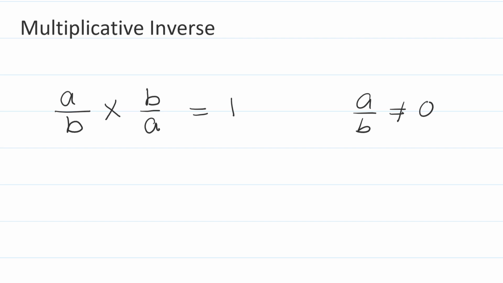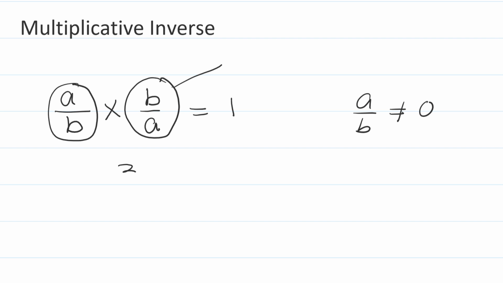So b upon a is the reciprocal of a upon b, and a upon b is the reciprocal of b upon a.